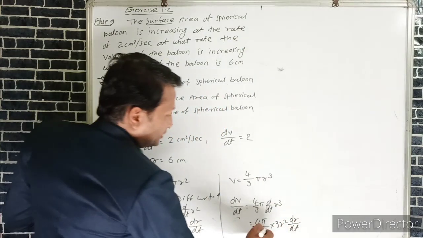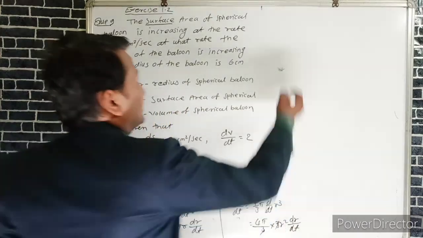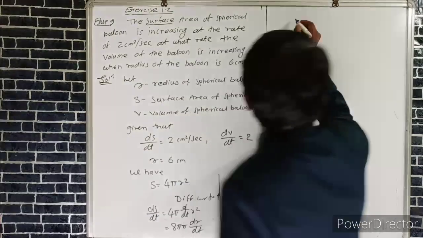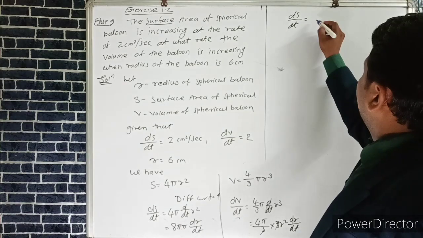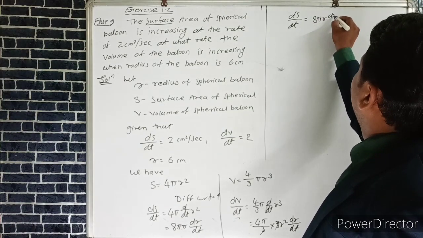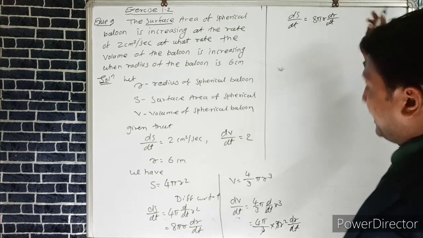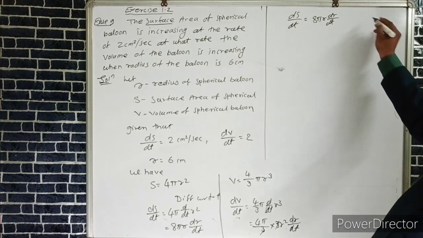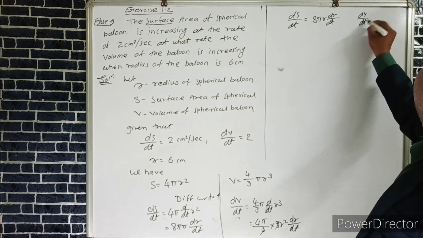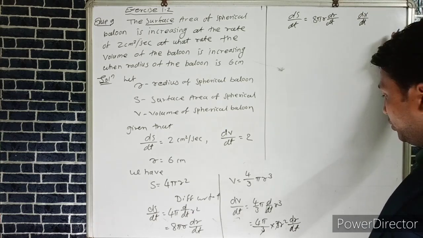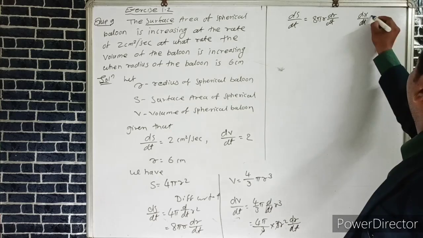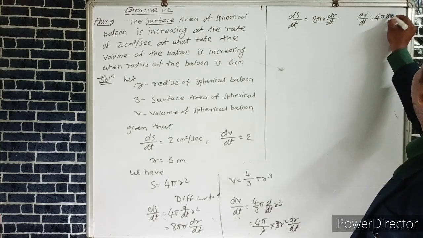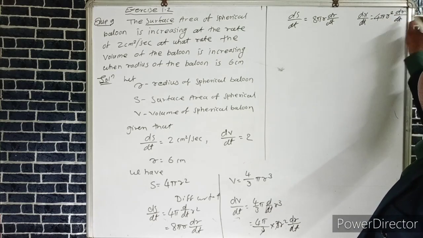So here 3 gets cancelled. We can write dS/dt = 8πr dr/dt, and dV/dt = 4πr² dr/dt.